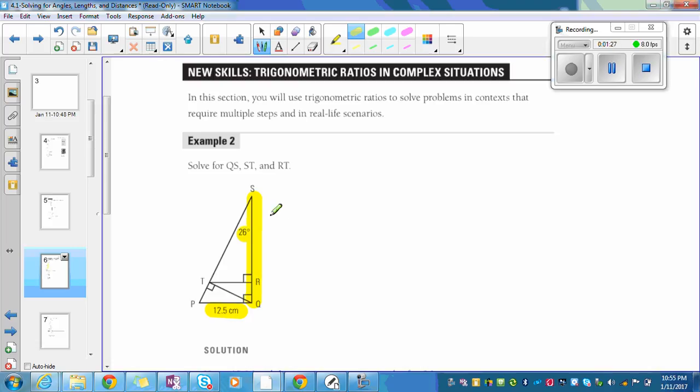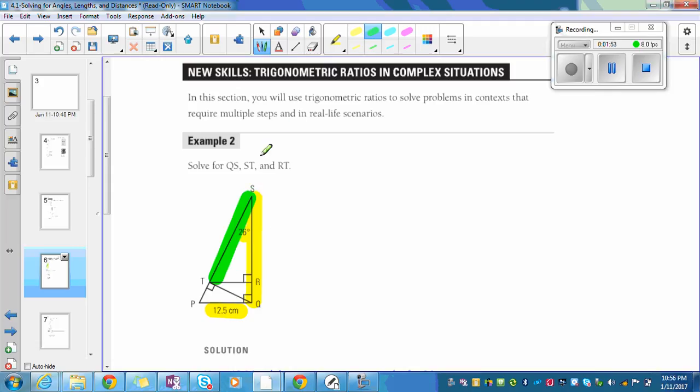So we can solve for QS right away. Then they said they also want to know about this length ST, which is this partial one here. It's the smaller triangle, still with angle 26, but at this moment we don't know any of the other side lengths in this triangle, so we can't solve for ST right away, but we should be able to solve for it eventually.